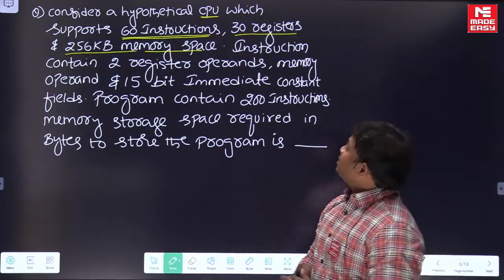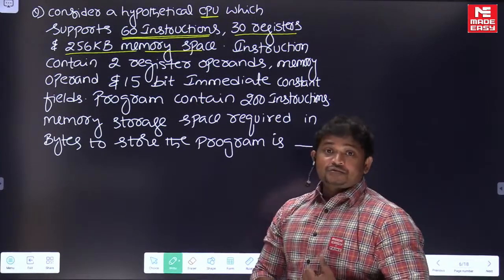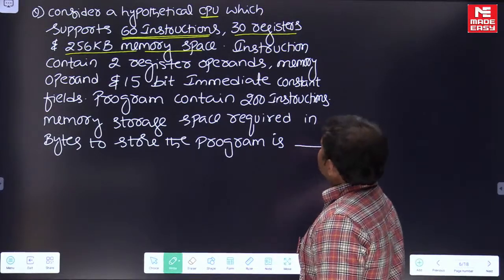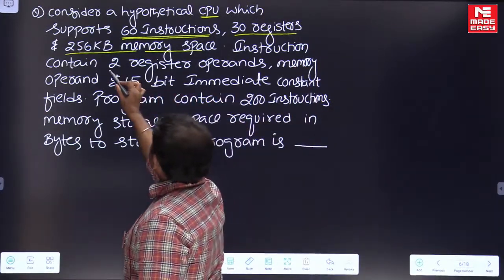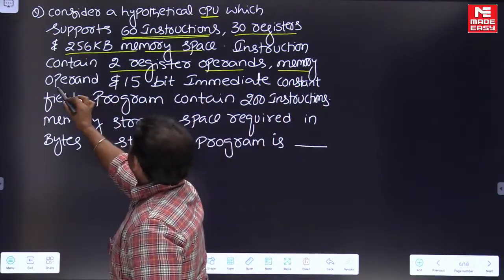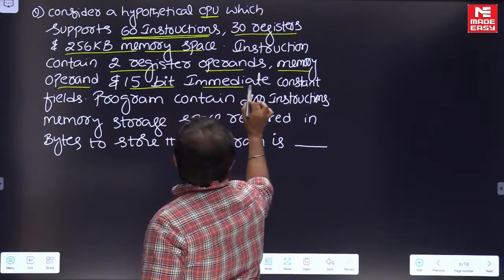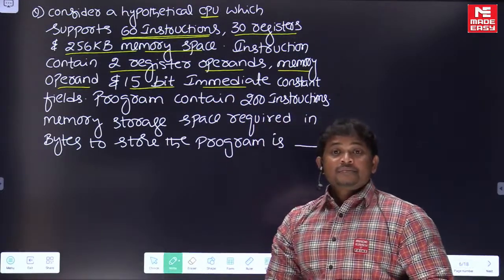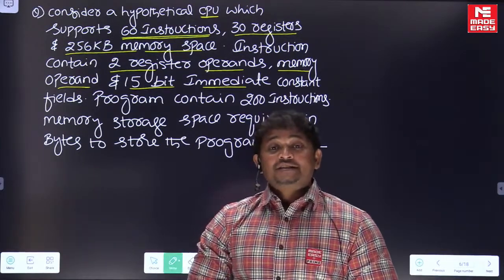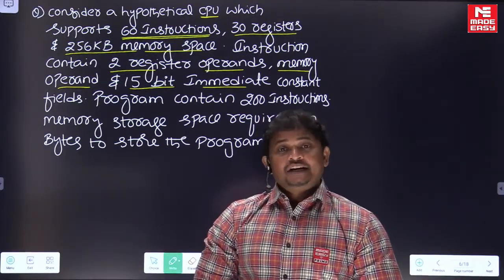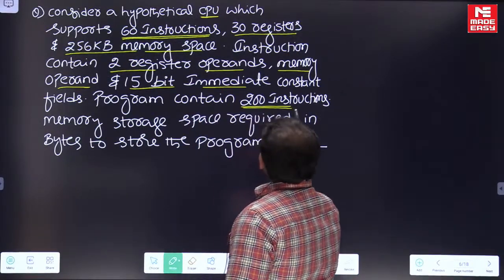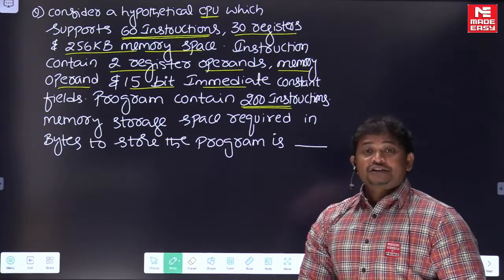Instruction contains 2 register operands, a memory operand, and a 15-bit immediate constant field. In the instruction, 2 register operands are there, 1 memory operand is there, and a 15-bit immediate constant field is there. Okay. Program contains 200 instructions. In the program, 200 instructions are there.